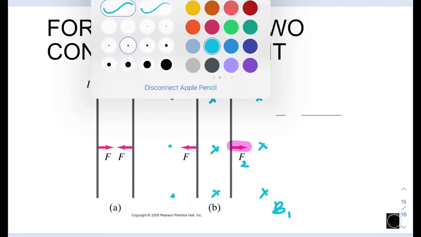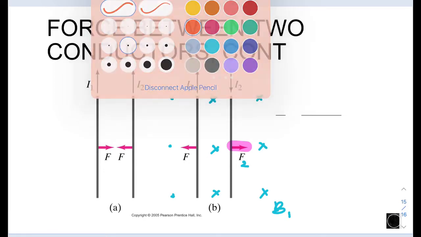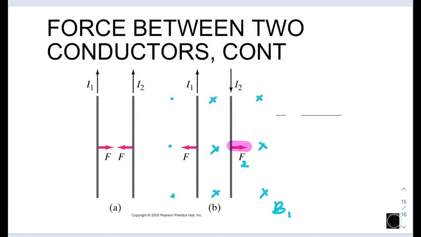So next one is the force experienced by wire 1. We need to predetermine or sketch the B produced by wire 2.